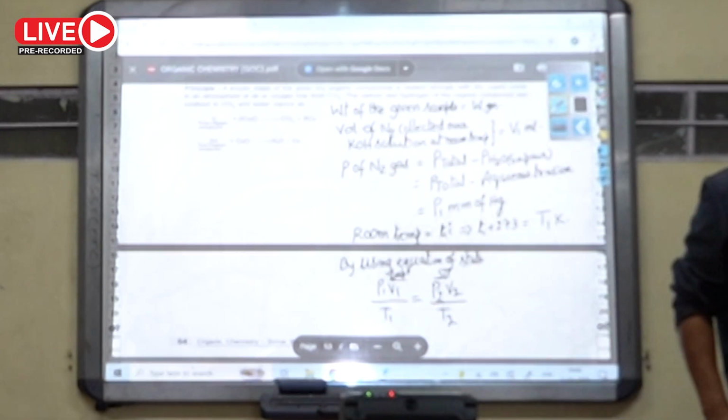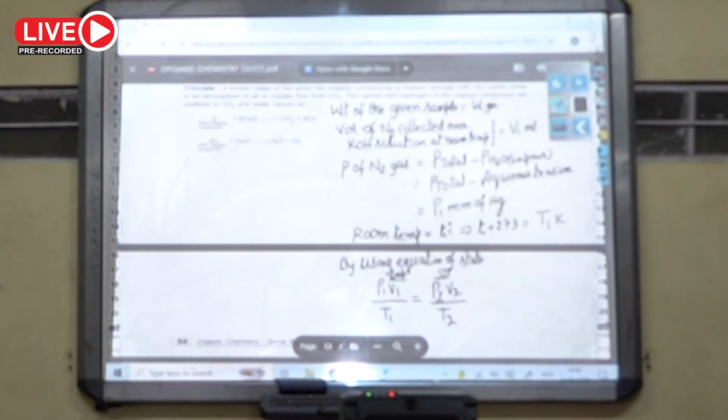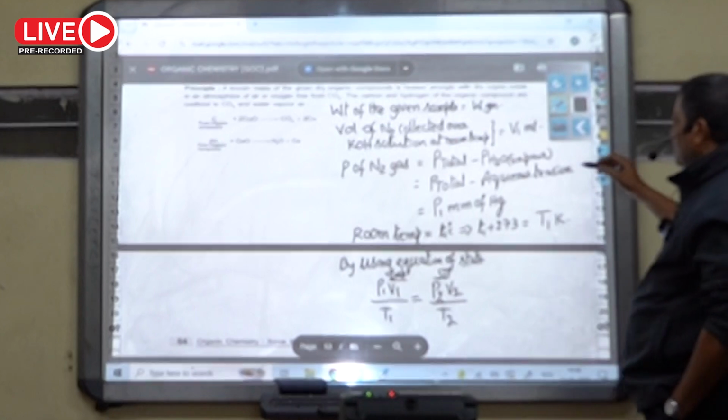We are using equation of state P1 V1 by T1 is equal to P2 V2 by T2. What is P1 V1 by T1? It is the conditions at laboratory conditions or room temperature conditions. What is P2 V2 by T2? STP conditions.